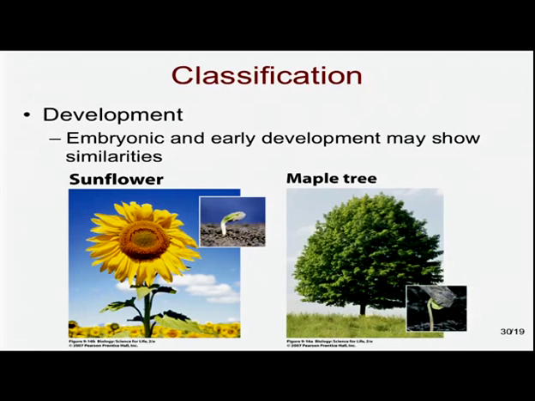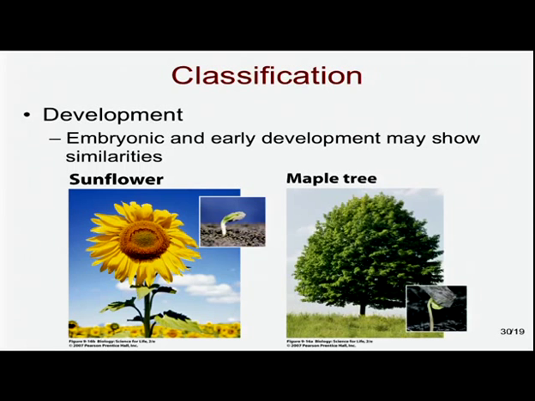Okay. And then we can look at embryonic development, that's another way to look at homologies, right? If you're not a plant expert, I think all of us here are not plant experts, but we can see that a sunflower looks a lot different than that tree, a maple tree. Right? Morphologically, remember morphologically is just what they look like? They're not the same. They're both plants, right? You'd agree with me.